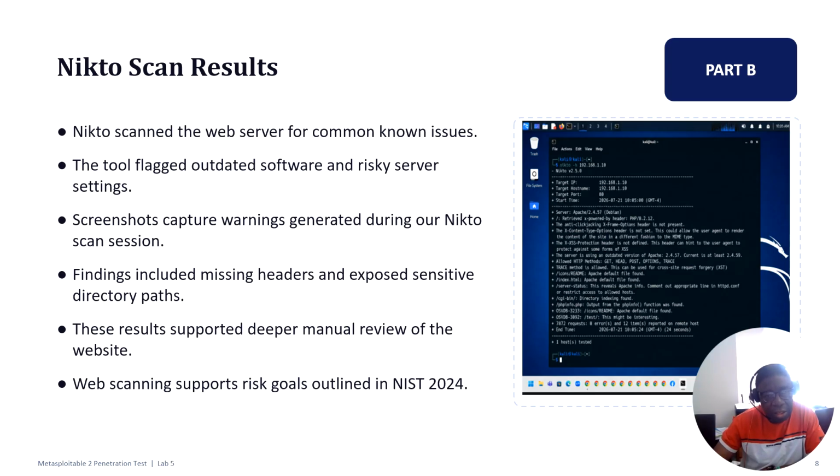These findings pushed me to go back and manually review the website more closely. Web-focused scanning like this ties directly into the risk goals outlined in the NIST Cybersecurity Framework 2024.